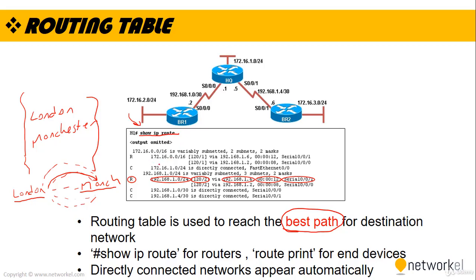As you can see, for example, that's a routing table entry which shows us how we can reach the 1.0 network via 1.6. It's telling us that's the best path. And here we also have another best path.